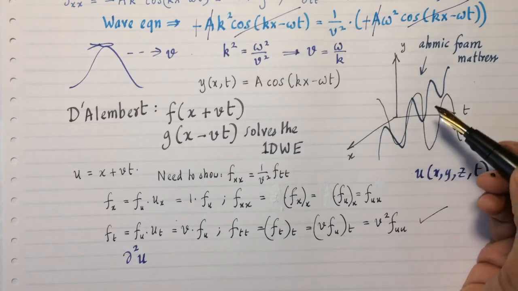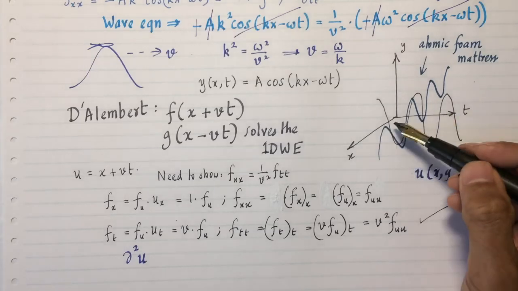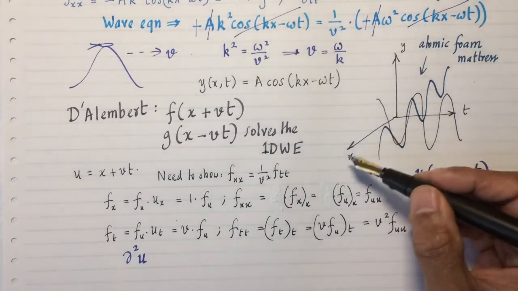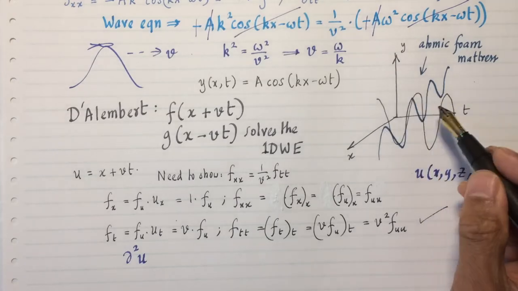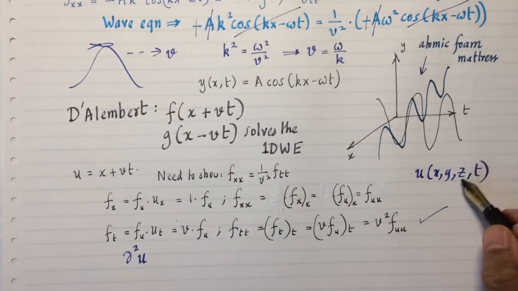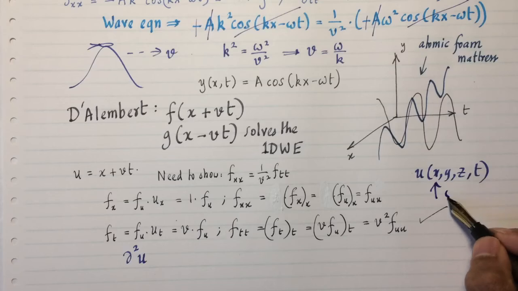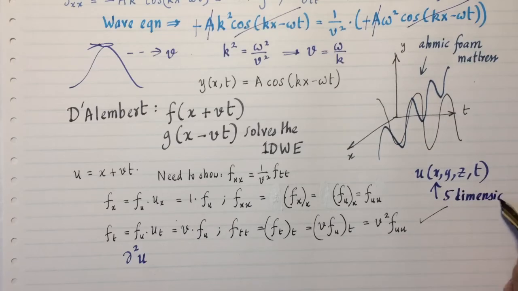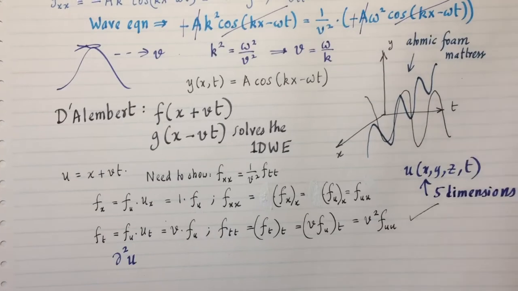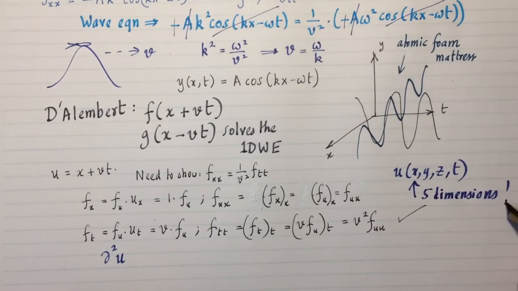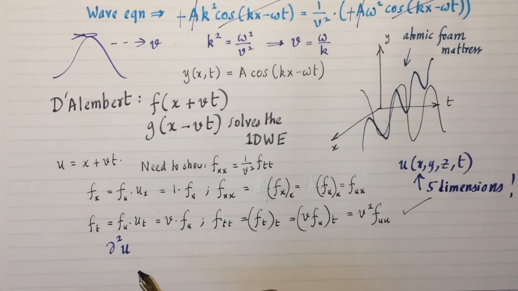That's the up and down of the atomic foam mattress, and the x and t directions to give me the remaining two directions. So 3 dimensions are used up in this. Here, to understand this properly, you need to live in 5 dimensions. Well, we are not creatures with that kind of imagination, so we'll just switch to mathematical notation instead.